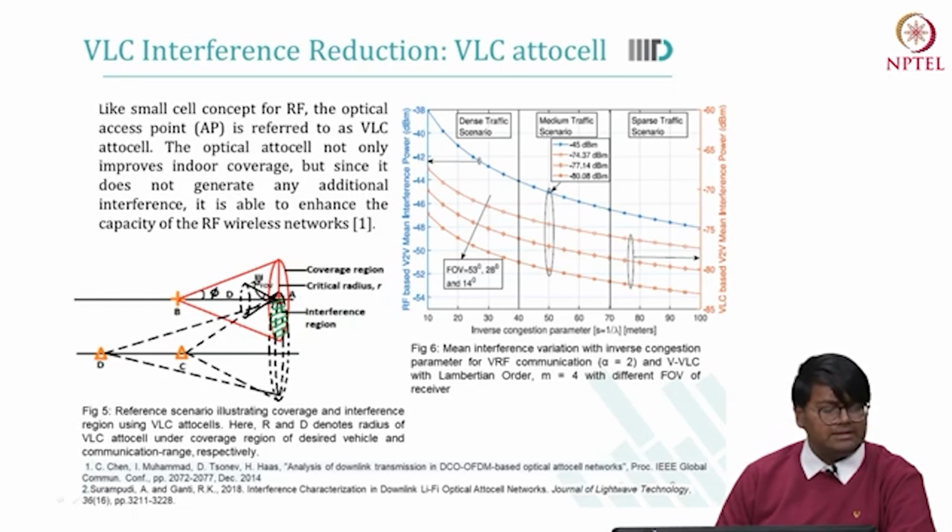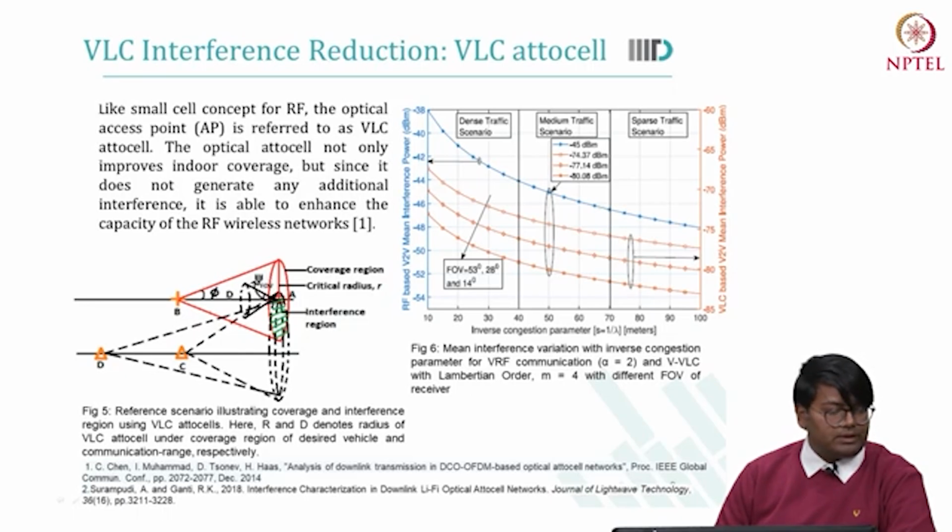Moreover, if we consider a full FOV of the PD, it assumes that the interferers are always within the FOV of the desired receiver, which may not always be true, and hence it overestimates the total interference for a given scenario. Now, by reducing the FOV of the receiver, one can minimize the impact of interference from the interferers.